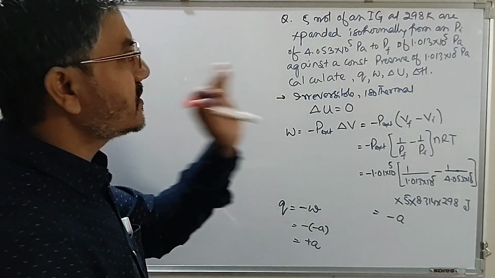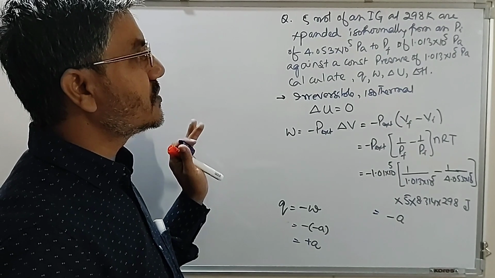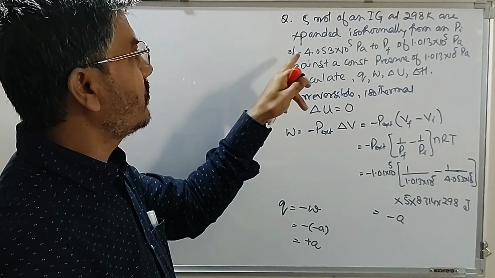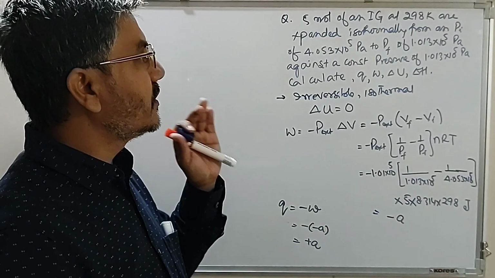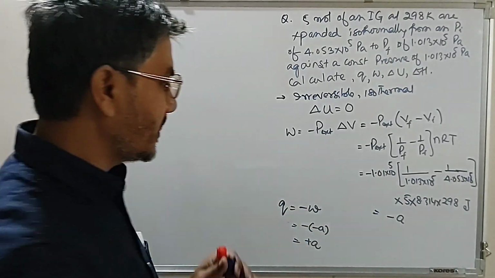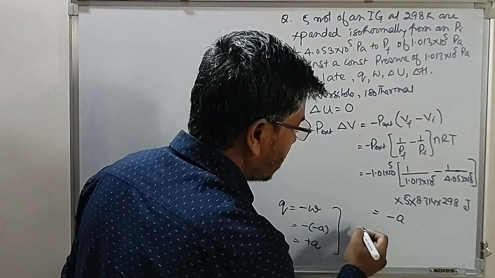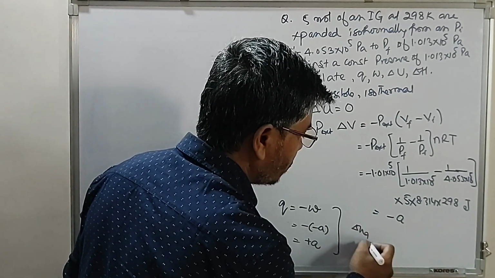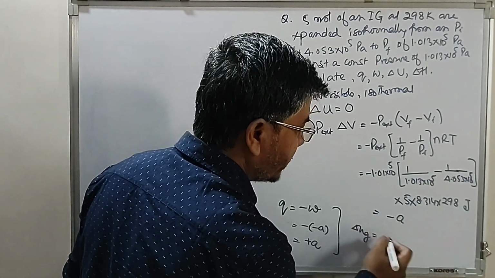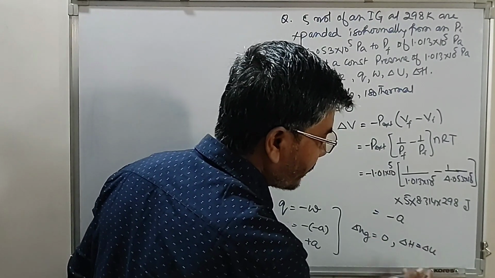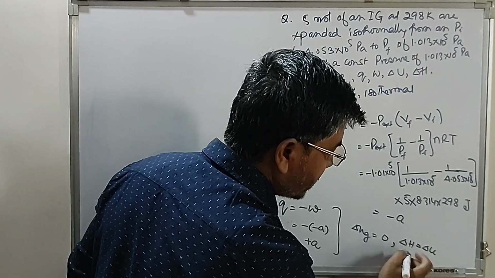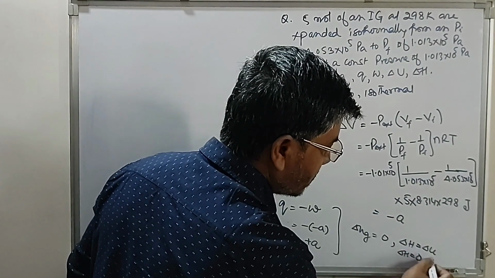Now this gas undergoes expansion from this initial pressure to the final pressure without changing the number of moles of gas. So therefore delta ng will be 0. If delta ng is 0, then delta H is equals to delta U. So delta U is equals to 0 means delta H is also 0.